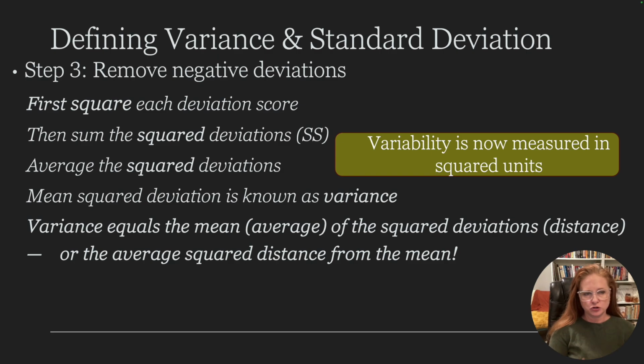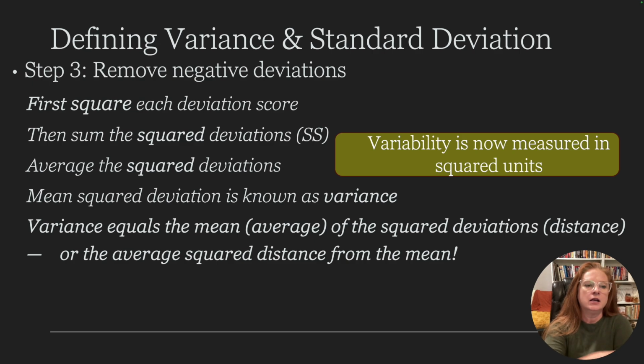If I'm truly trying to find how far away every score is from the mean, get rid of the negative. Just treat it all like distance. If you're 7 miles away from home and I'm 3 miles away from home, we're both far away from home, but don't make me negative 3 miles and you positive 3 miles. We're just both different miles away from home. So remove the negative. And the quickest way to remove the negative is to square everything.